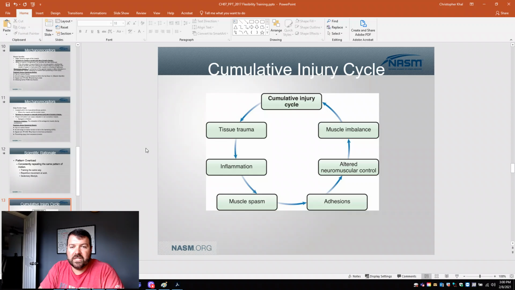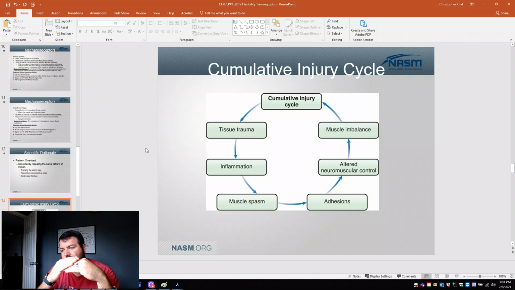The injury cycle that they talk about is, let's say you have some kind of tissue trauma, which causes inflammation, the muscle to spasm, and then you get adhesions. The best way I can describe adhesions is that your muscles get stuck between the different layers. Let's say you have 2 or 3 layers of muscle, and then you have fascia, a connective tissue that covers everything.